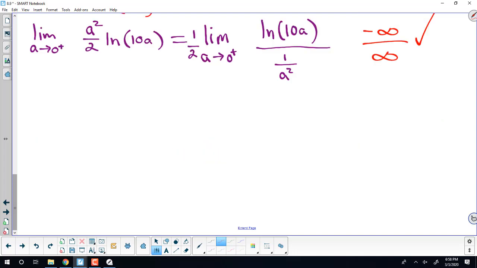So from this point here, we're going to apply L'Hopital's rule to that quotient, as a approaches 0. You've got to take the derivative of the natural log of 10a, which we already have, more or less.